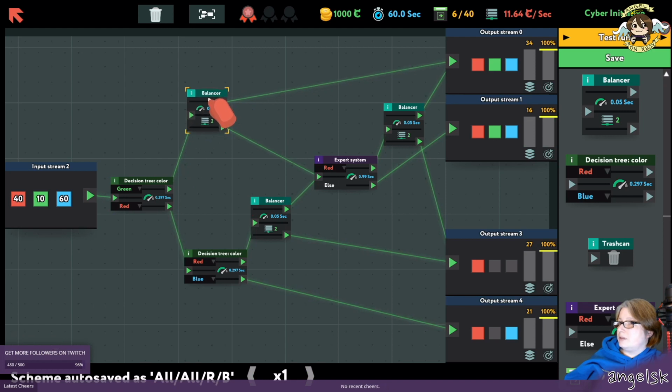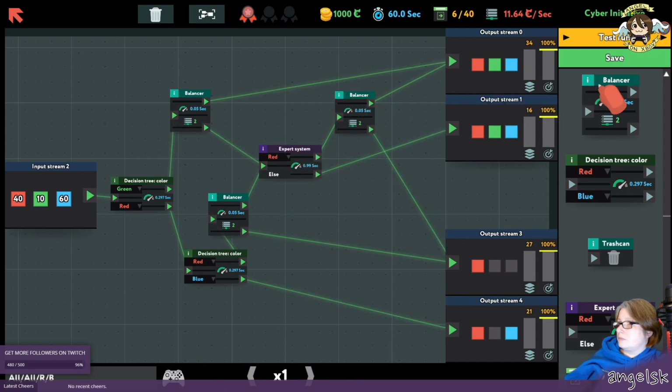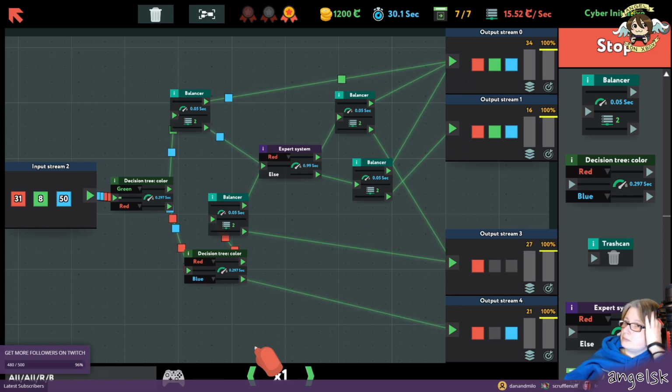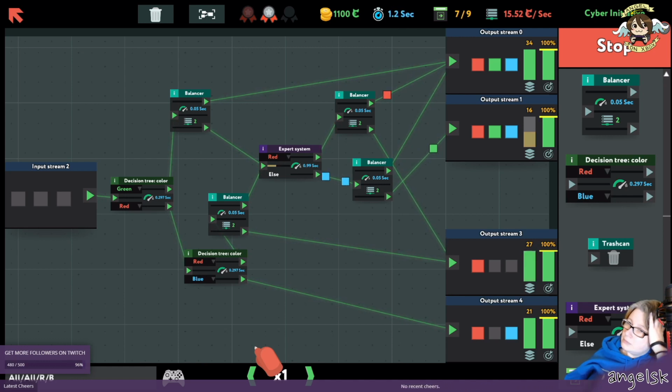Okay, I think one more load balancer. No, now the 16 isn't getting enough.